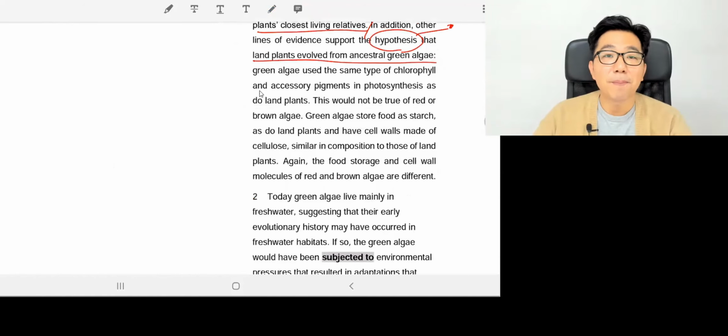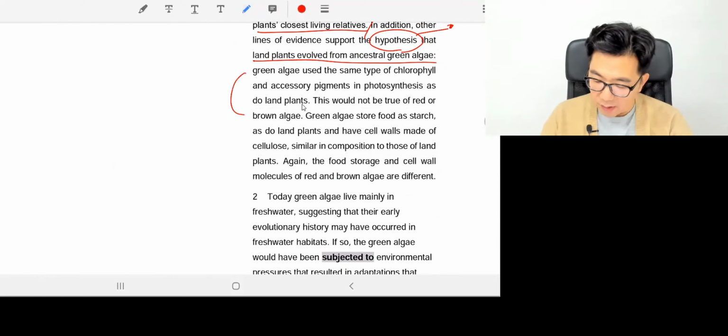Green algae use the same type of chlorophyll and accessory pigments in photosynthesis as do land plants. So this is supporting information about why green algae seem to be the ancestor of the land plant.